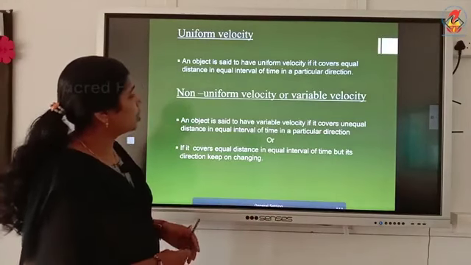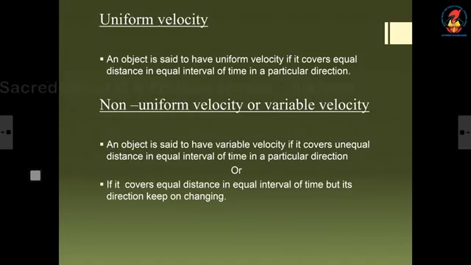An object is said to have uniform velocity if it covers equal distance in equal interval of time in a particular direction, that is, constant speed in a particular direction. That is known as uniform velocity.